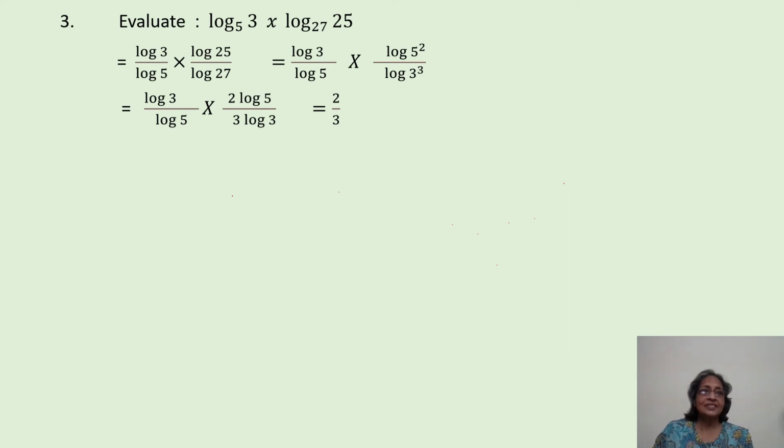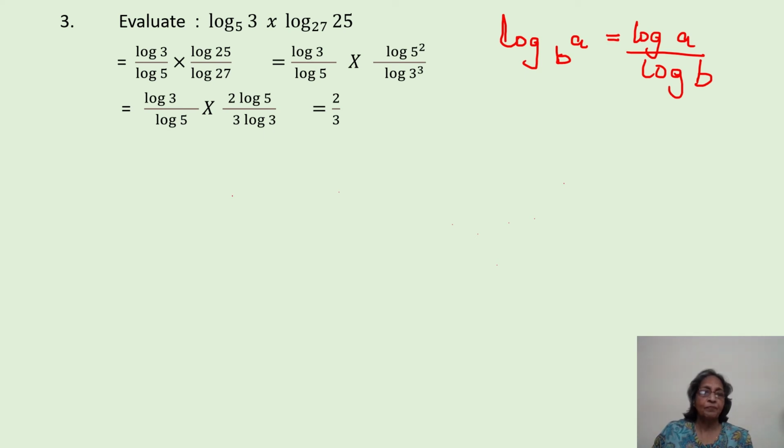We come to our next sum, which is given here. Our first step, log 3 to the base 5, can be written as log 3 upon log 5. The law that we are using: log of a to the base b can be written as log of a upon log of b. The same thing we have done with log 27 to the base 25.